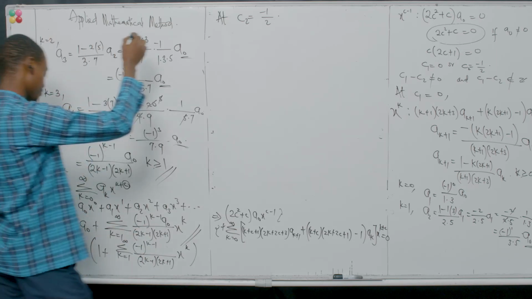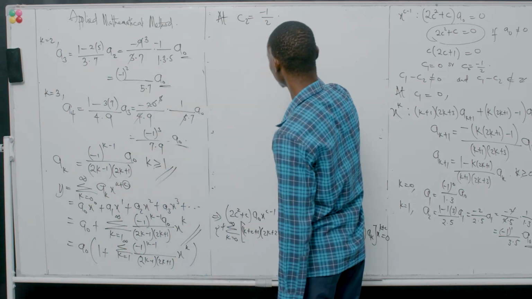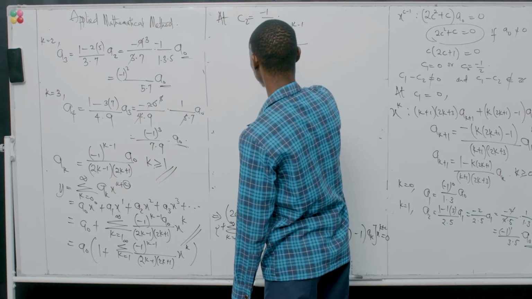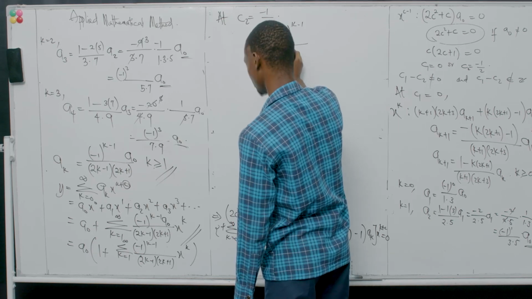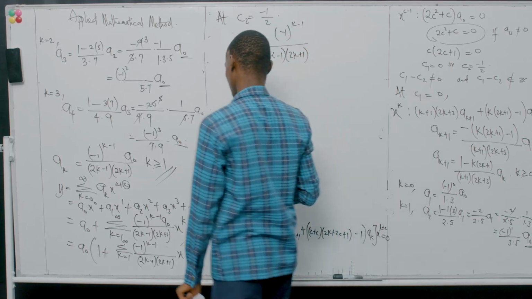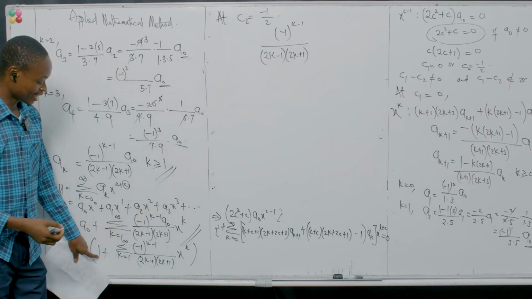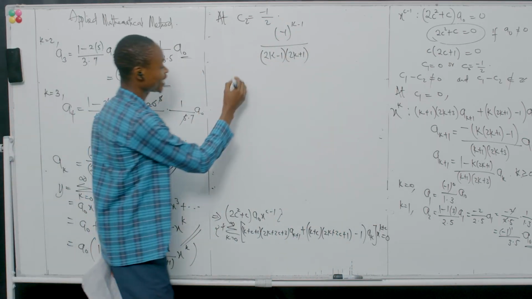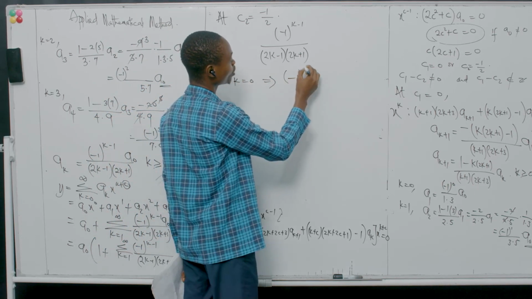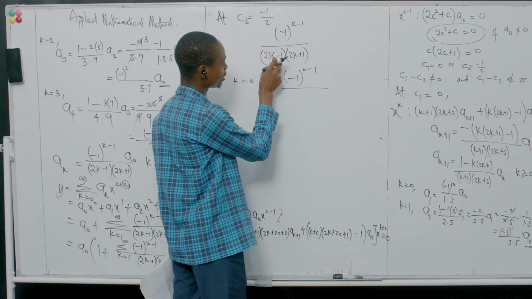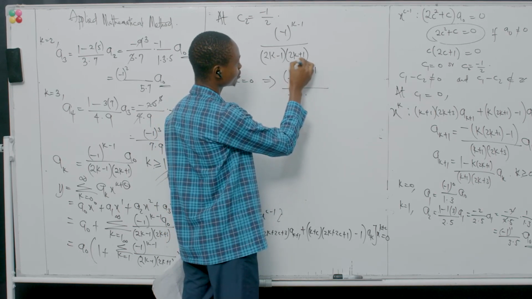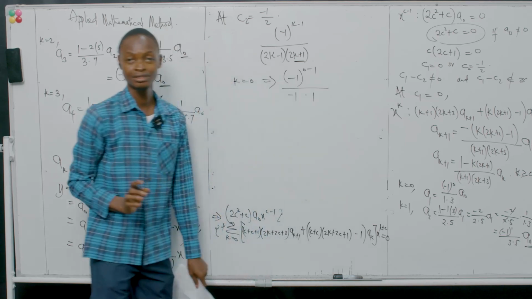We would have essentially that minus 1 raised to power k minus 1 divided by 2k minus 1, 2k plus 1. Here, for it to be able to obtain 1, when k is equal to 0, what will we have? We'll have minus 1 raised to power 0 minus 1 divided by minus 1 times 1, Abi?